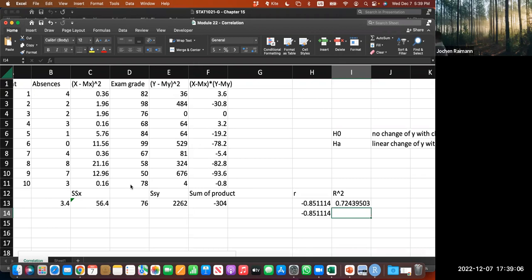You calculate the product of the non-squared deviations, just the deviation of an individual x from the mean of x, and multiply it with y minus the mean of y. That gets you the product of these non-squared deviations. You sum these up, which gets you the sum of these products, which is essentially your directional component.